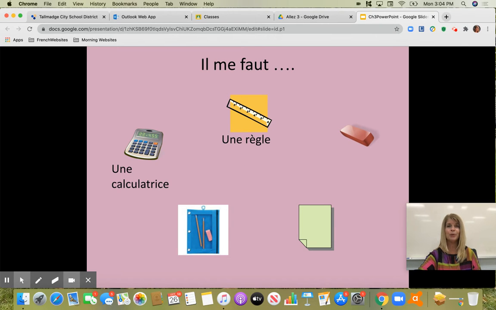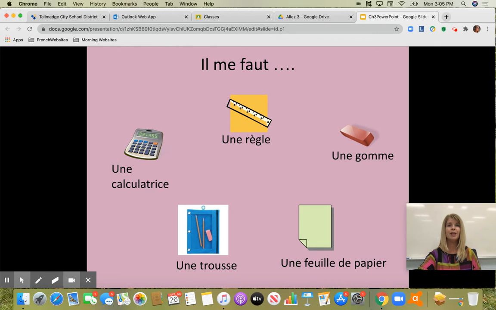Il me faut une règle. Une gomme. Une trousse.